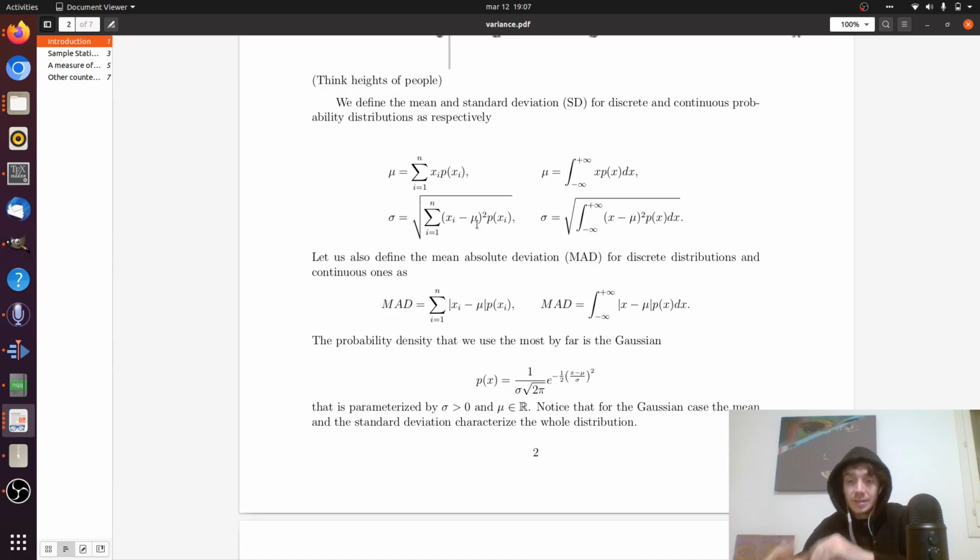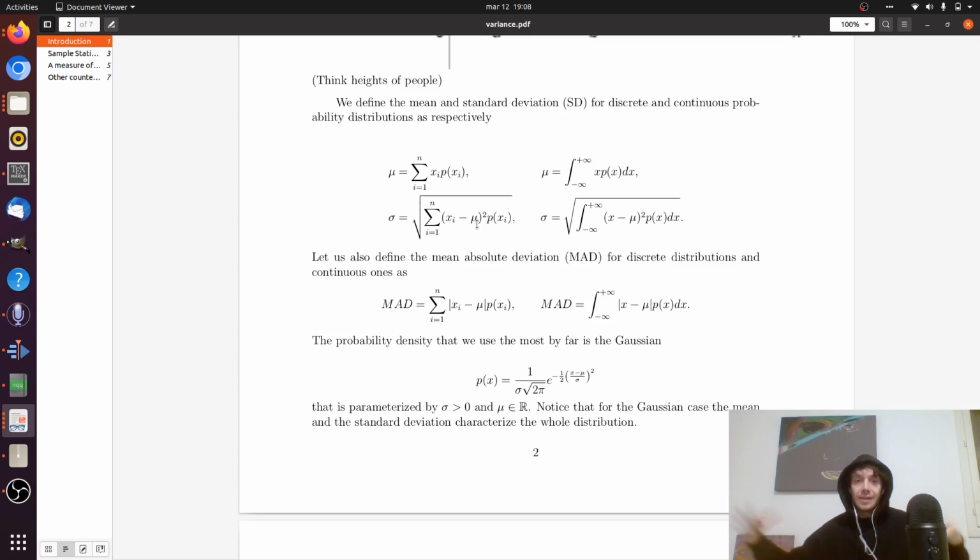So if a probability density has large amounts of density that assigns large values of x to outcomes far away from the mean, then this quantity is going to be greater.